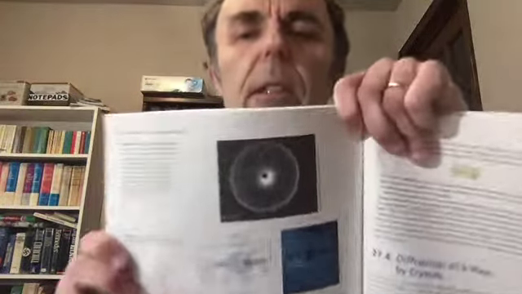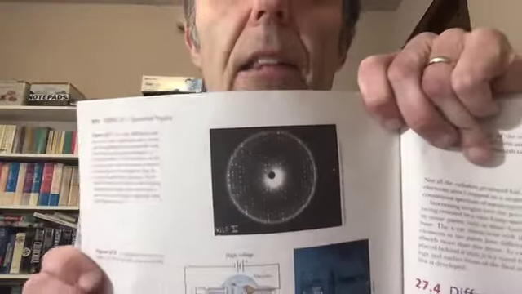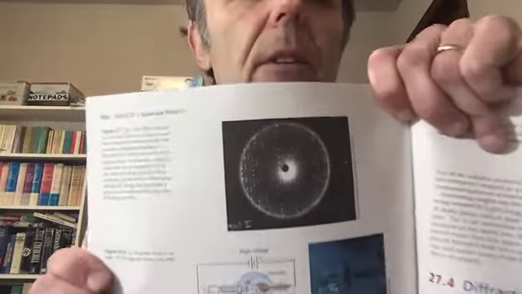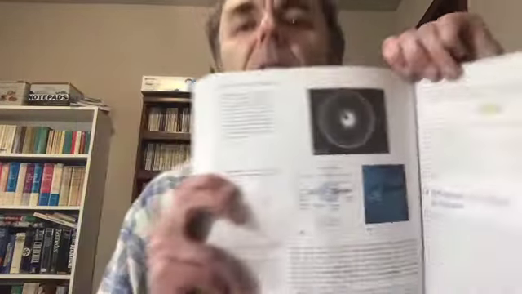What you see is you shine X-rays and you get a whole series of bright spots, and those bright spots correspond to where there's constructive interference. And then you can use mathematical tricks to figure out the structure of the protein from that X-ray diffraction pattern. So that's become a very important method in biology to find the structure of large molecules.